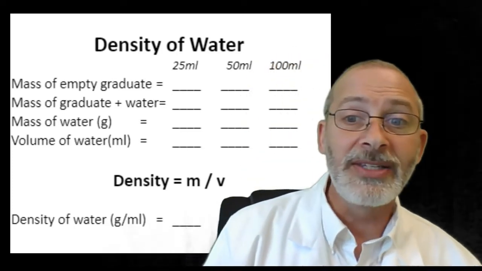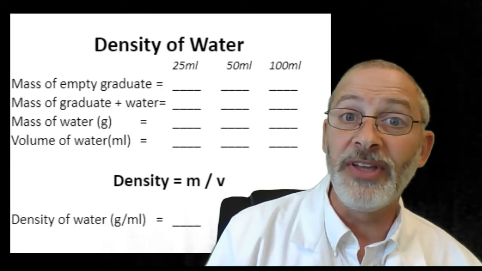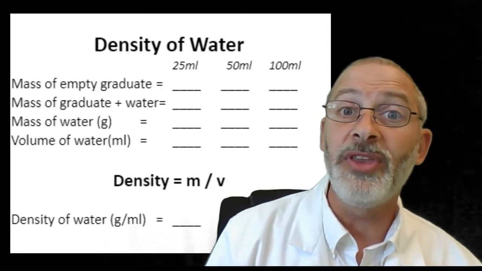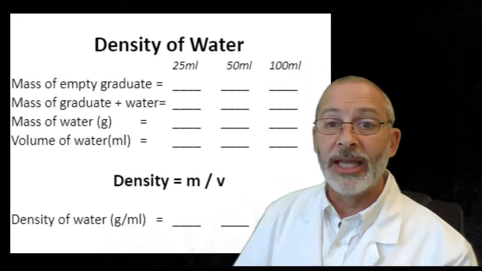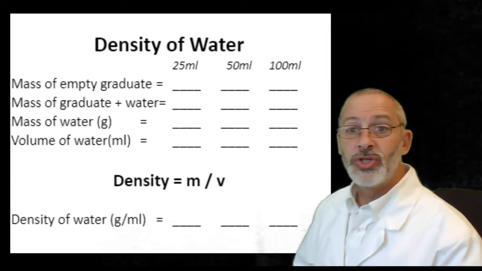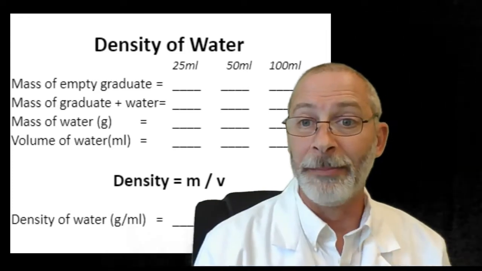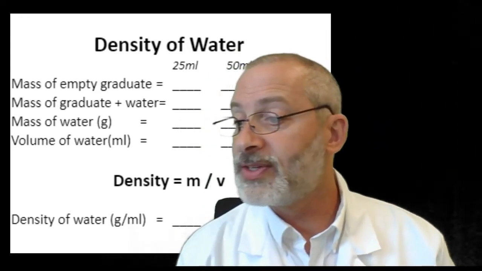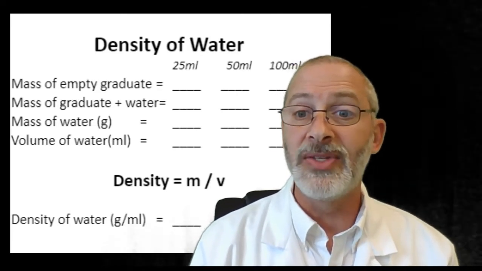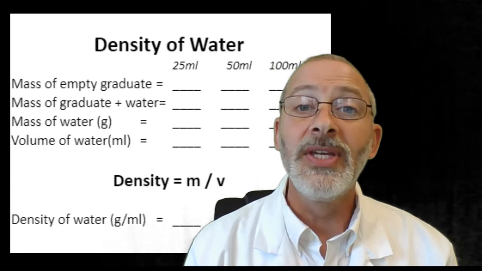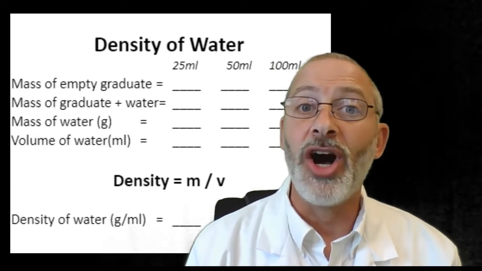And you've got lots of empty lines. You're going to be filling in these empty lines today with numbers in order that you will be able to calculate the density, which is all indicated on the bottom of your observation section. And I'm giving you the equation there. Remember that density equals mass divided by volume.